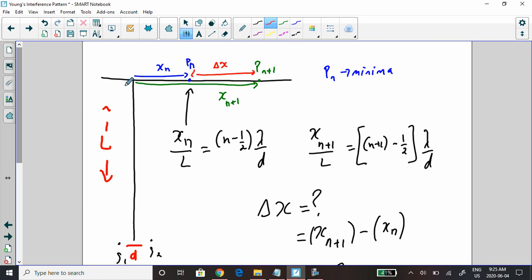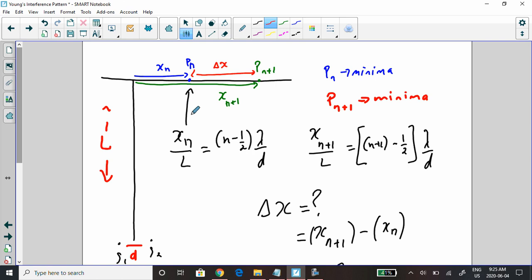The green distance, how far do you have to go from the right bisector to get to the next minima? Not the nth minima, but the nth plus 1 minima. Right? Where would that be? And there's a distance between the two of them. Here's the distance, delta x. That's the difference between the green length and the blue length.